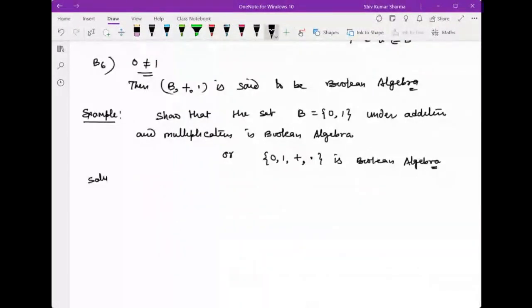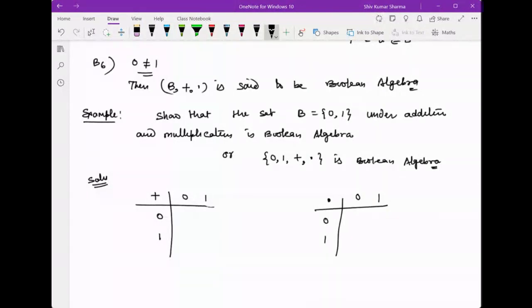For solving this, we just draw two tables. On the basis of these two tables, we can say how many properties are satisfied. For addition, we have two elements 0 and 1, and under multiplication we also have two elements 0 and 1.